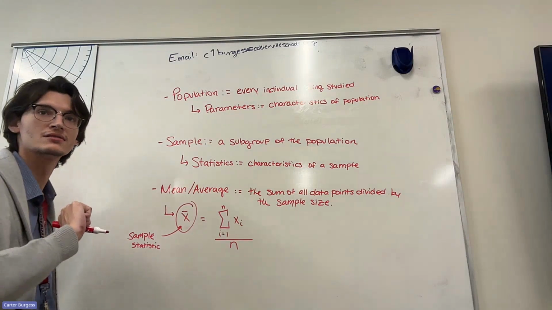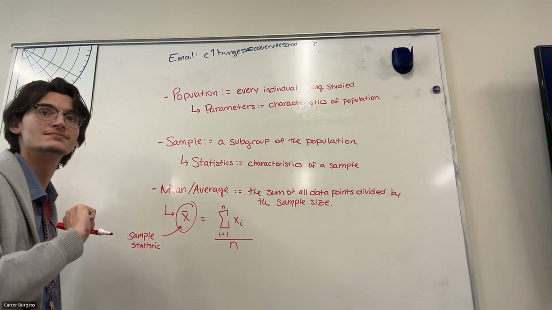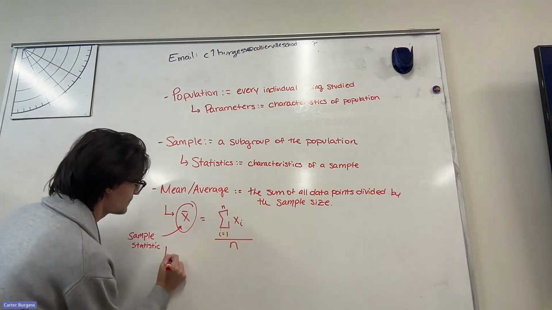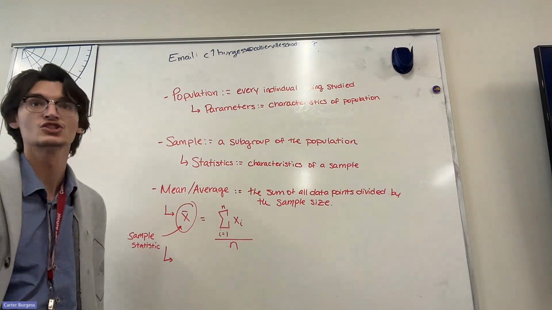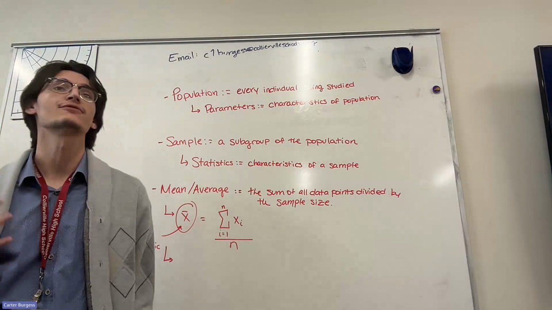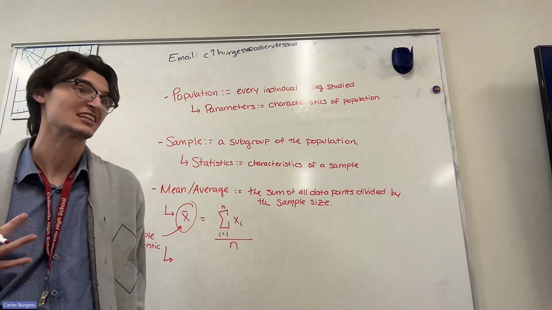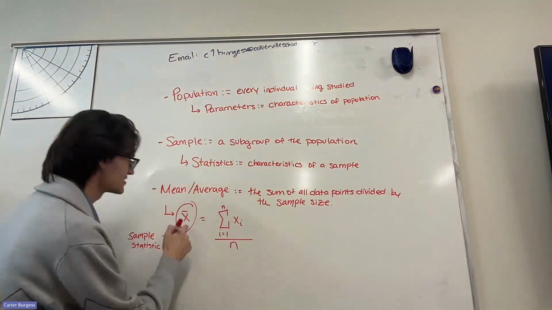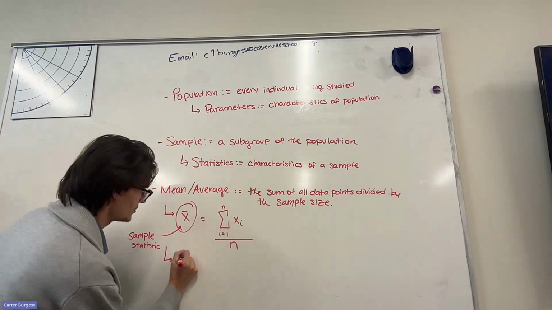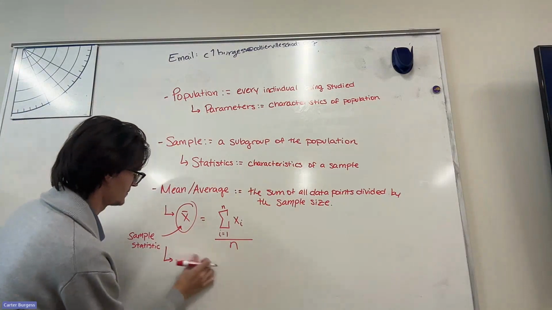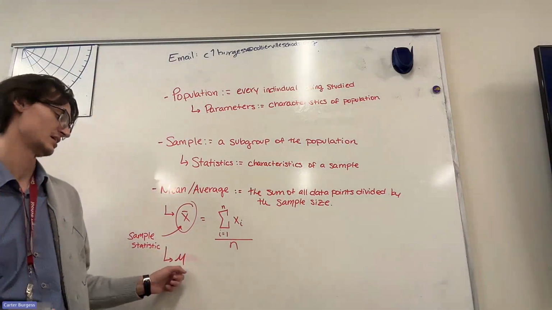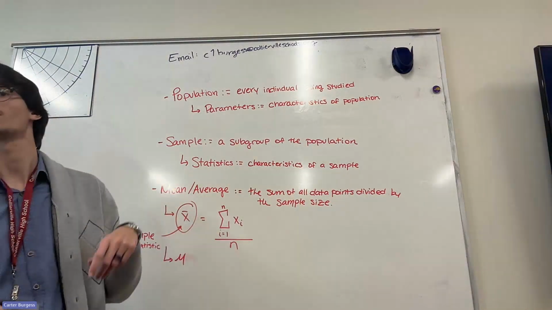Do you remember? Yes, right. When we want to talk about the population average, which you will often hear me refer to as the true average, the actual average of all of our values being taken, instead of using an x bar, you will use this curly m here, which is the Greek letter mu.